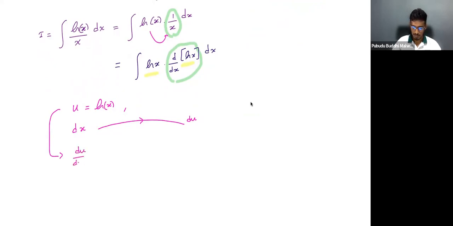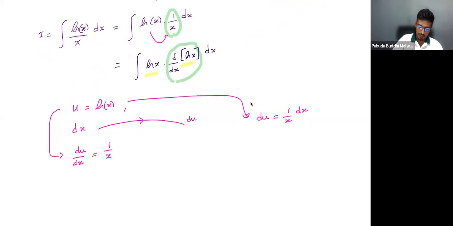Some people write it like this, 1 over x, or someone can differentiate like this. That's also correct. Right? After that, you can easily identify du equals 1 over x dx.